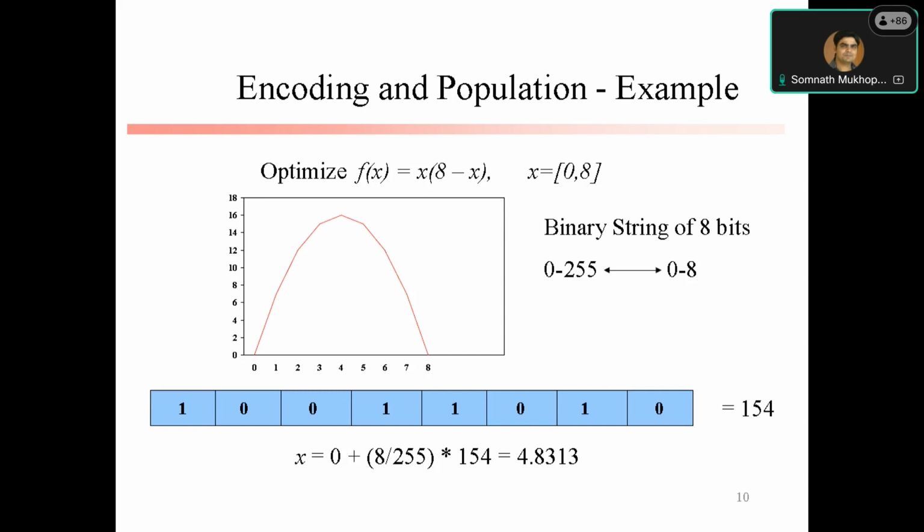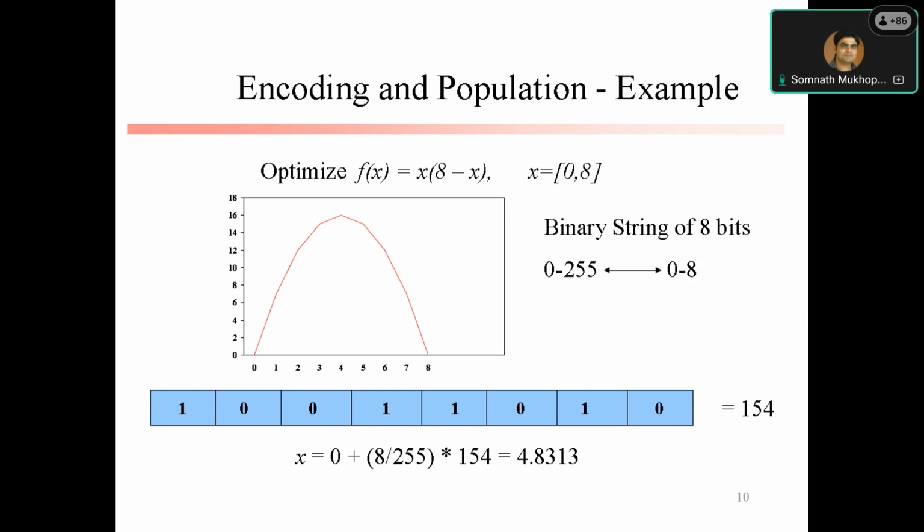But this problem becomes difficult if we consider x up to, suppose, 4 decimal places. Then it becomes a really difficult problem. In other words, the range of x becomes extremely large, or you can say the range becomes infinite, because if x is considered up to 4 decimal places, then the first value is 0, the second value will be 0.0001, and the next value will be 0.0002.